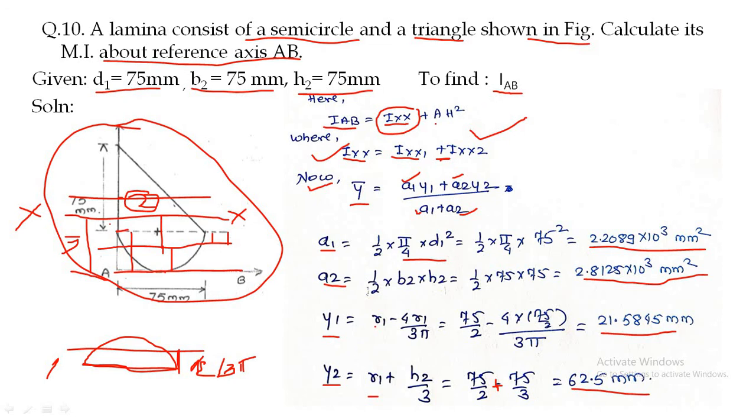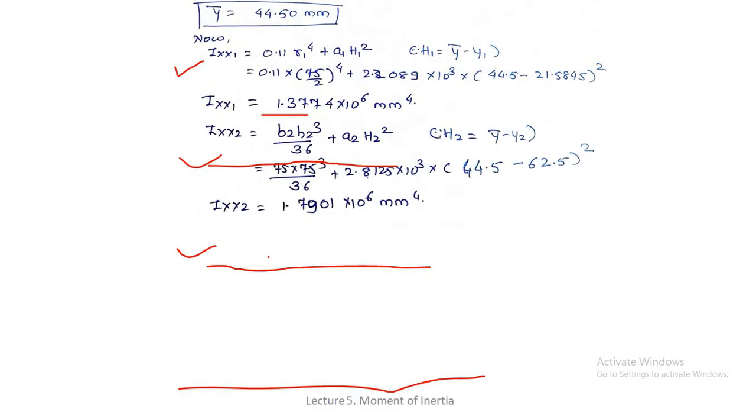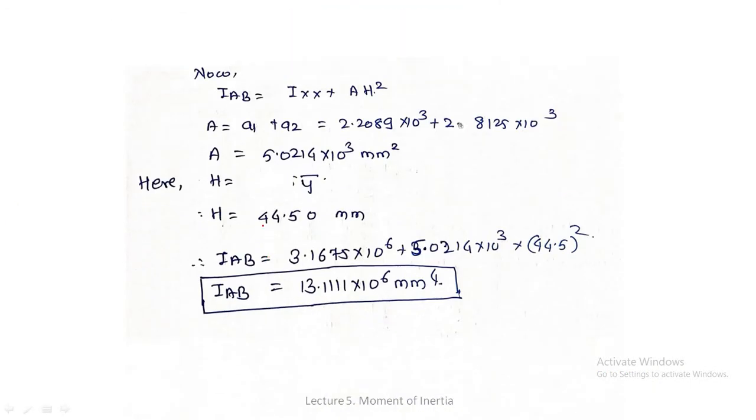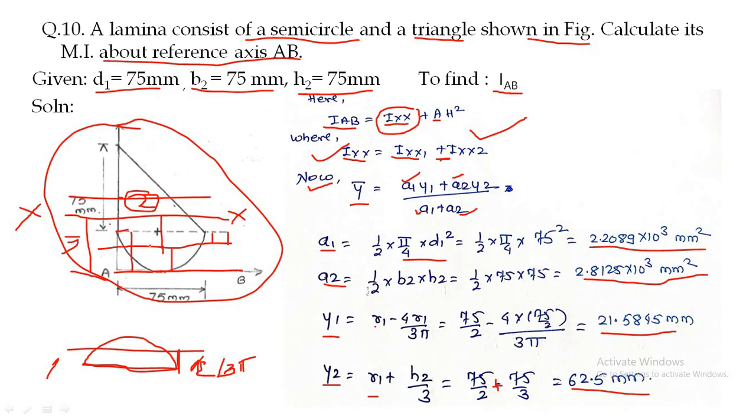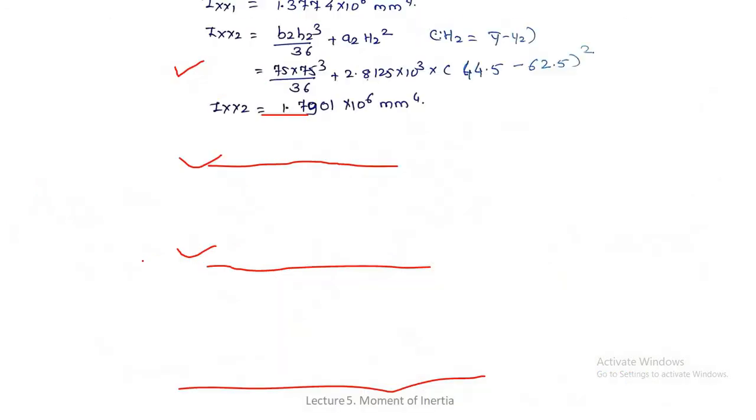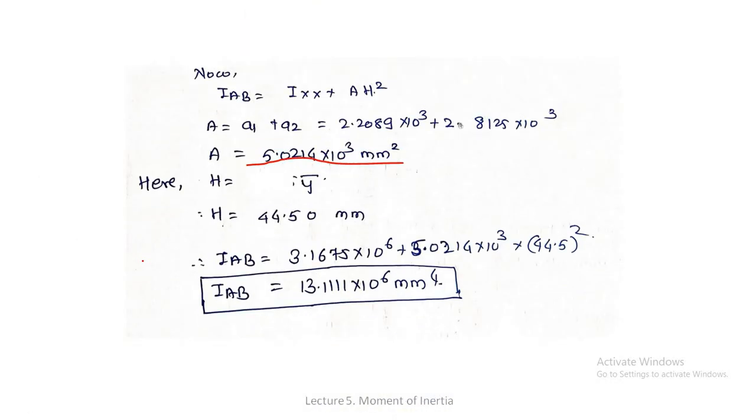A is the area of the whole plane, so A is equal to A1 plus A2, which is 5.0214 into 10 raised to 3 mm square. H is the distance between AB and XX, which from the figure is equal to y bar. So H is equal to 44.50 mm.